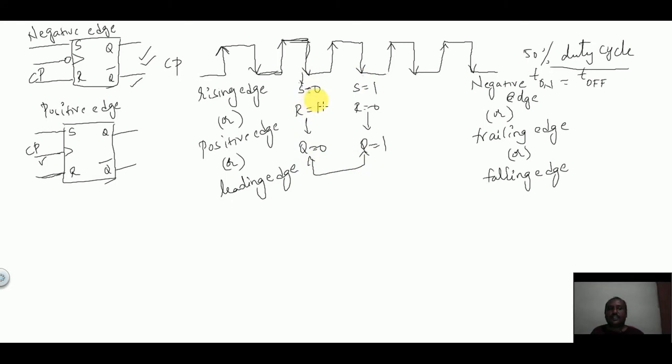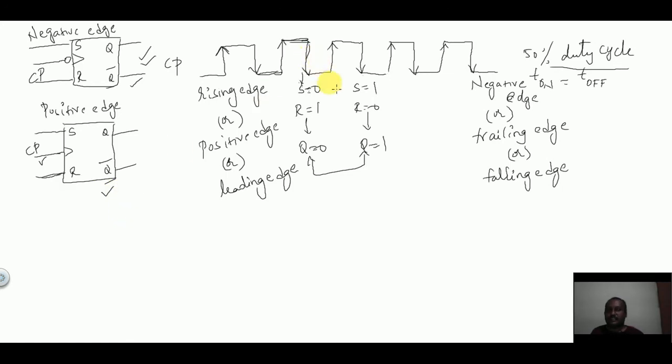If a negative edge triggered flip-flop is taken, the change in inputs is reflected in the outputs only at the corresponding negative edges. If you have taken positive edges, then the change in inputs will be reflected in the outputs only on the application of positive edges.